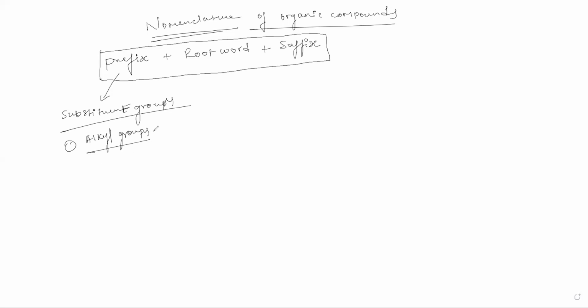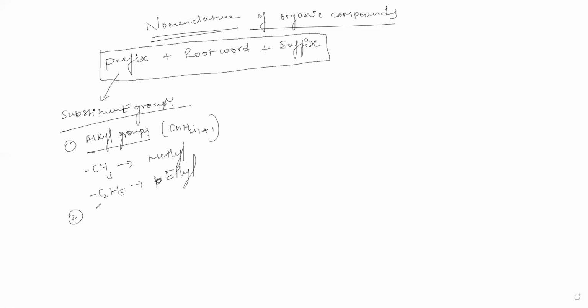What is the alkyl formula? It is CnH2n+1. For example, CH3 is methyl. C2H5 is ethyl. If it is 3 carbon atoms, propyl; 4 carbon atoms, butyl. Those are substituent groups.